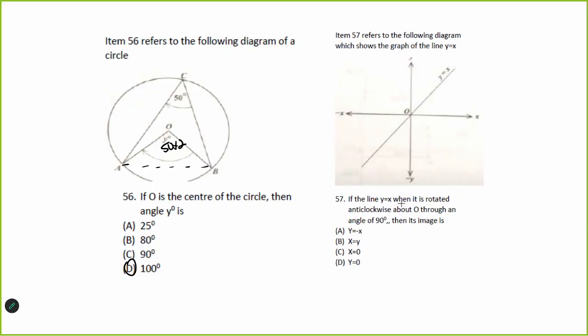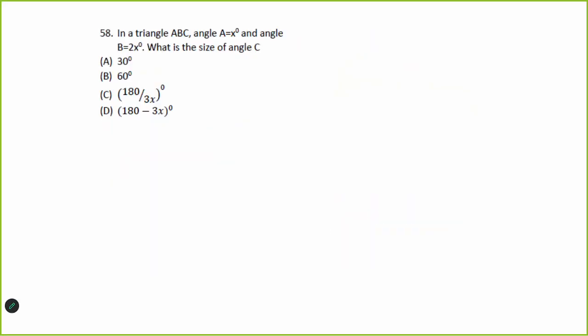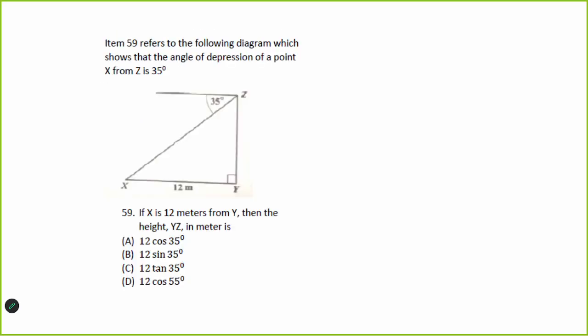This one here, line XY was rotated anti-clockwise, so it'll be here, which is y equals negative x. We did this one already. It would have been 180 minus 3x to give you angle C. This one here was done, but again, guys, you always need to check it back. That's 35.